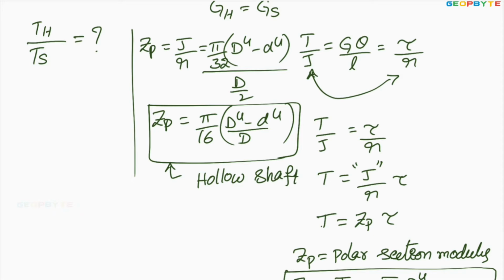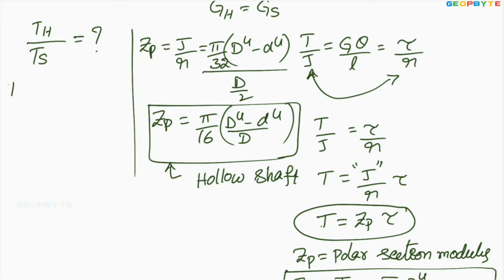Now here the torque T equals Z suffix P into tau. Since tau is the shear stress for the same material, it may be constant.